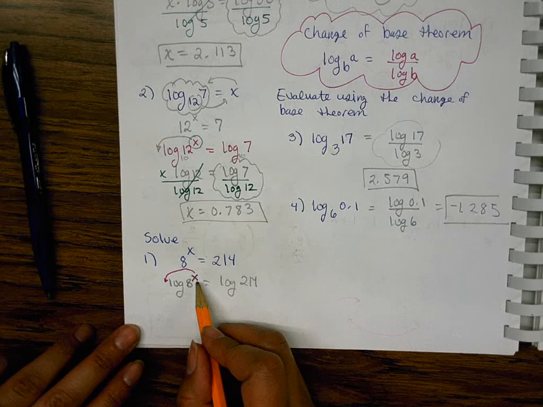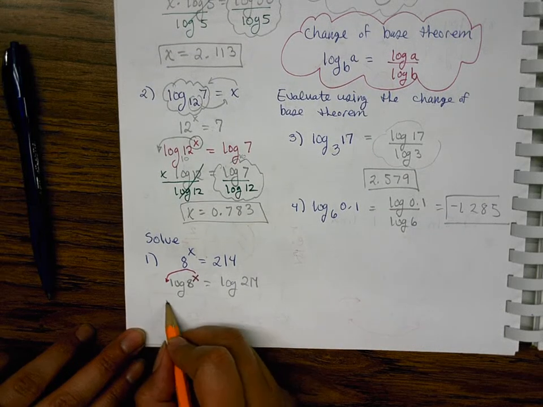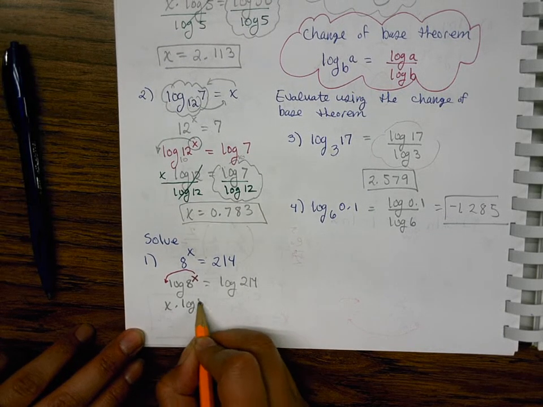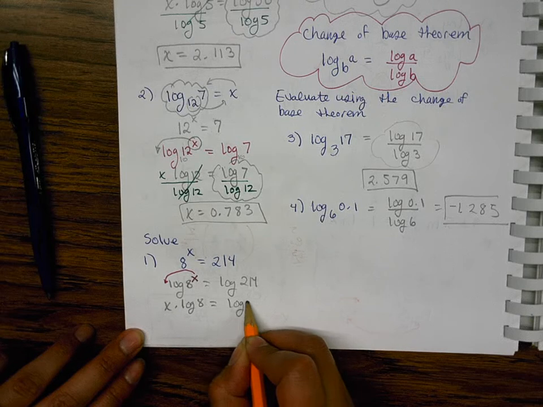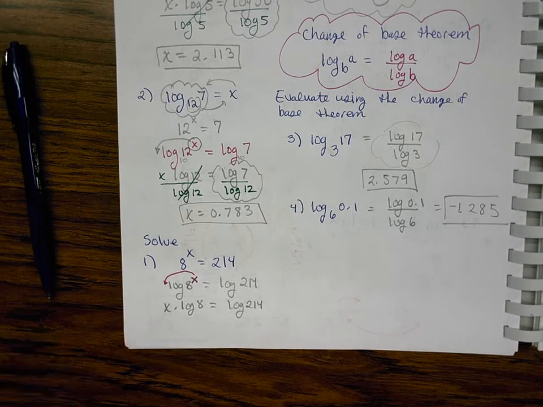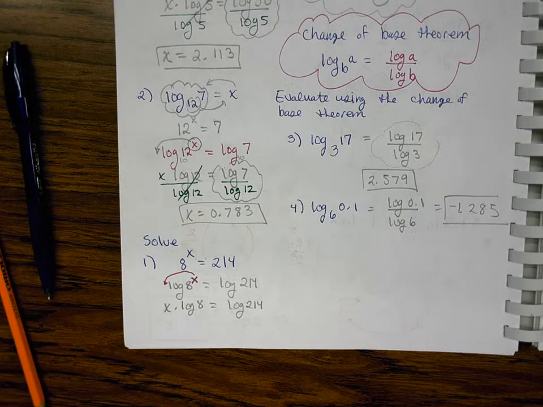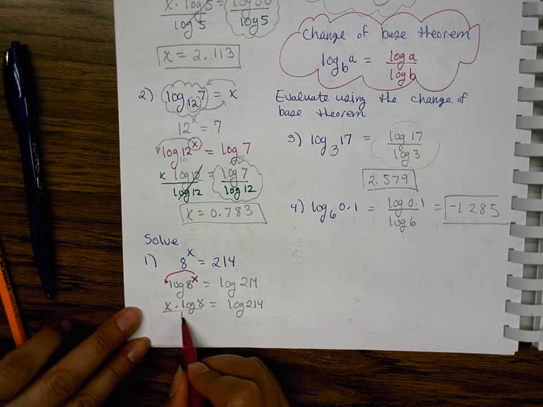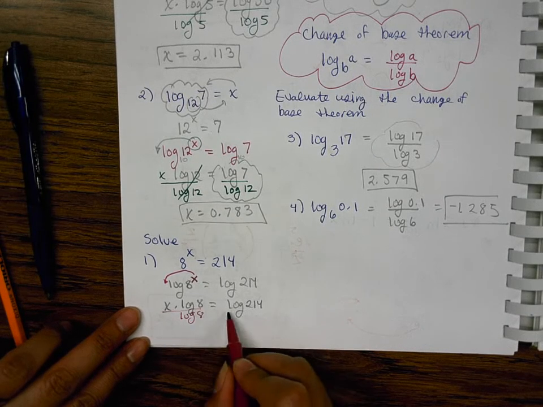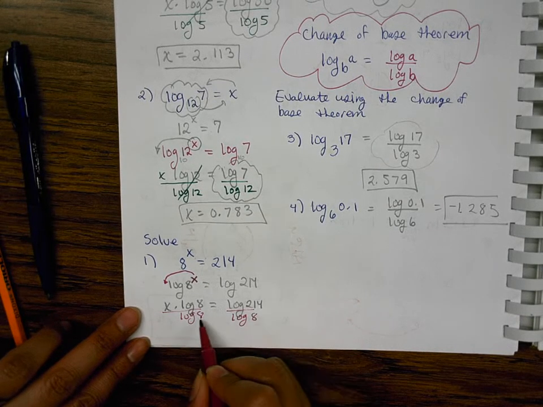Bring it down as a coefficient, because it's a variable and we want to be able to solve it, so we bring it down. X times log of 8 equals log of 214. And I want to solve, so remember these are all decimals hiding in our calculators. We divide both sides by log of 8.